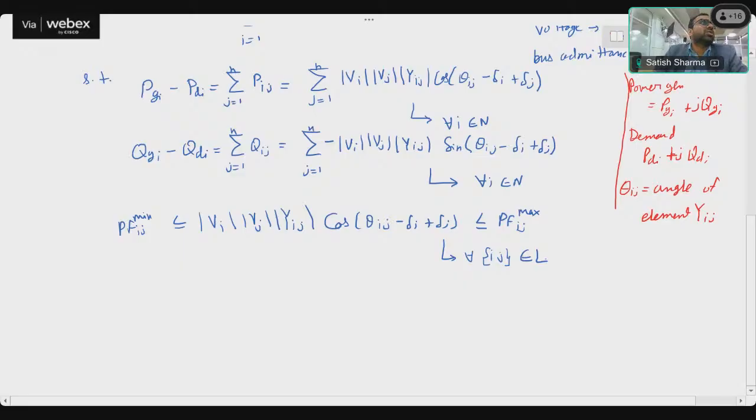And generally, if there is no limit on certain lines, we consider that these will be relaxed all the time. So we only write these equations for the lines which have a certain maximum limit.